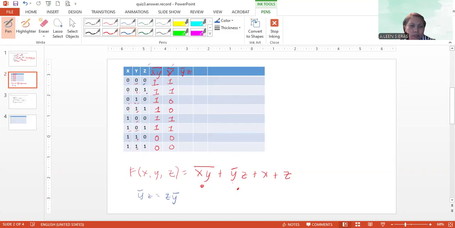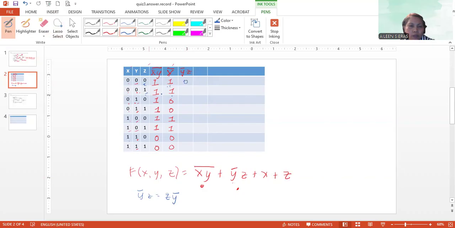Okay, let's start. Since the arrangement here has z first, we will start from z. So 0 and 1 is equal to 0. Sorry, it's the other way around. Z is equal to 0 and y bar is equal to 1. So 0 and 1 is equal to 0.